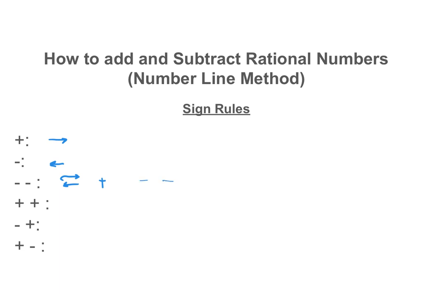So if we have a minus minus like that, we actually use our karate math to chop chop, and that's why it turns into a plus. If we have a plus plus right from the get-go, that means go right and keep going right. So that's obviously just addition. And then when we have a minus plus or a plus minus, both of those ultimately tell us to go left. So ultimately tell us that it is subtraction. So that's just a review of our sign rules.